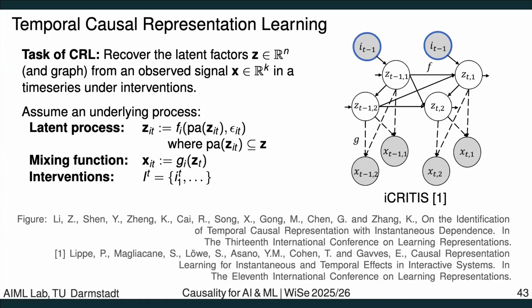So basically, in this causal graph, you allow for instantaneous causal links, but we will look at the original CITRIS version. What they all have in common is, again, that we look at temporal causal graphs with interventions.